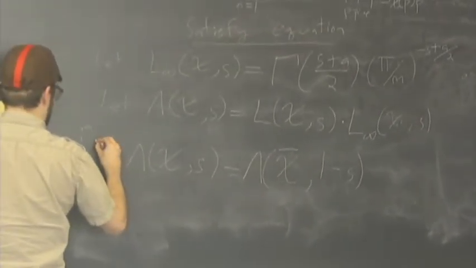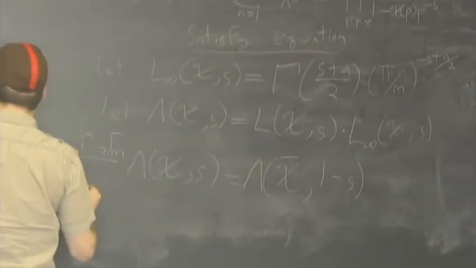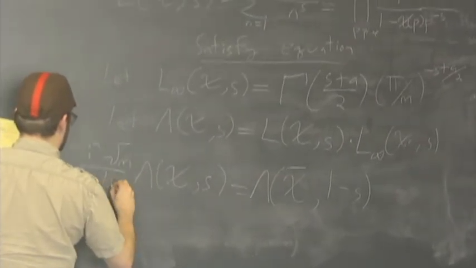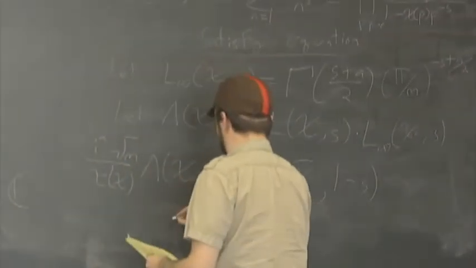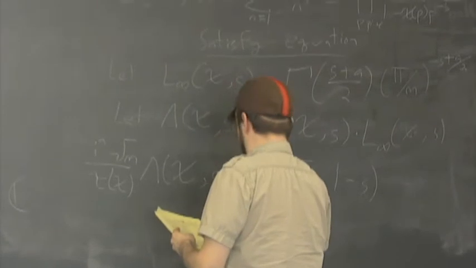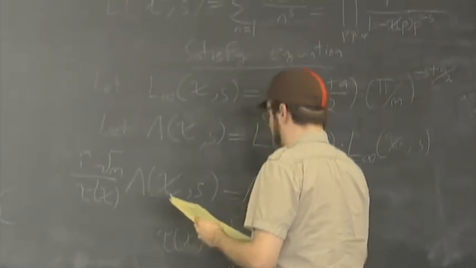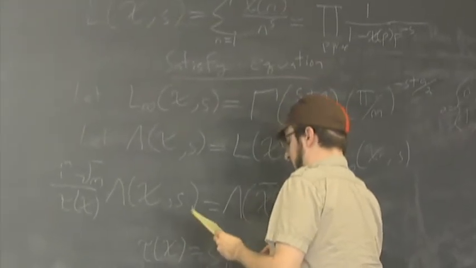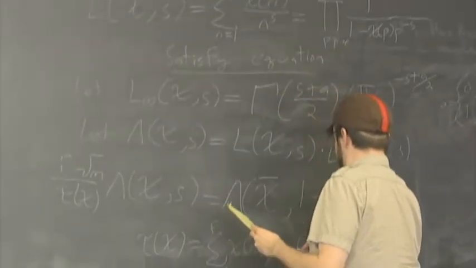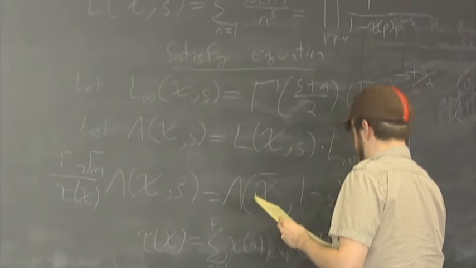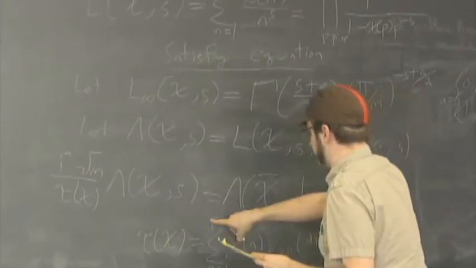So i to the a times root m divided by what's called the Gauss sum of chi, which is related to what Alex was talking about a couple weeks ago. It's just essentially a Fourier transform given explicitly by this formula. Sorry, this should actually be an m.